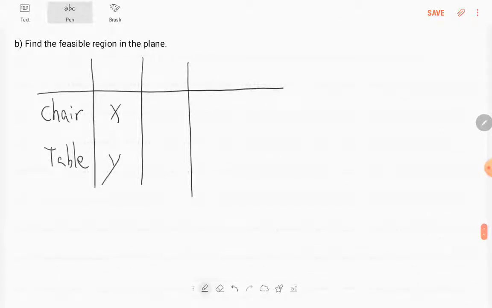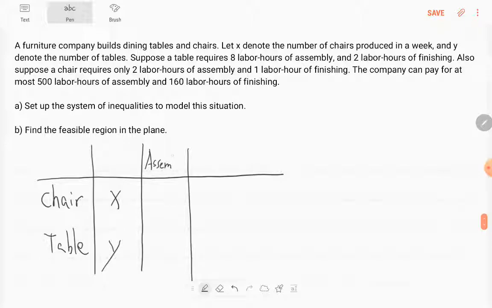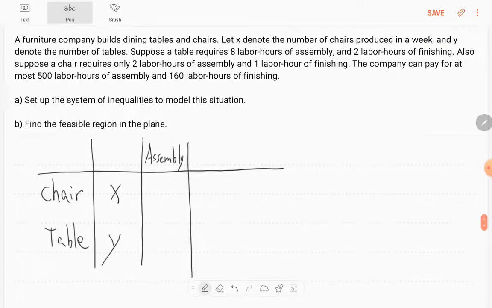This row is the assembly. So chair need 2 labor hours. So the total is 2 times X labor hours for chair for assembly. And the table need 8 labor hours.